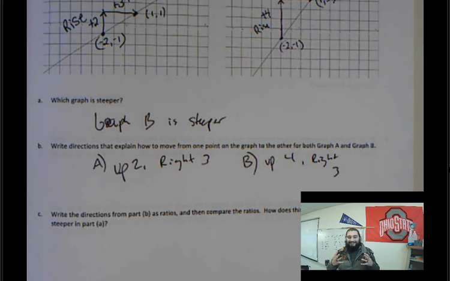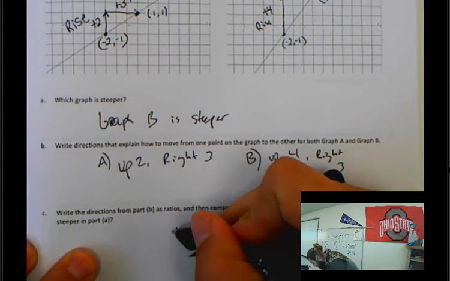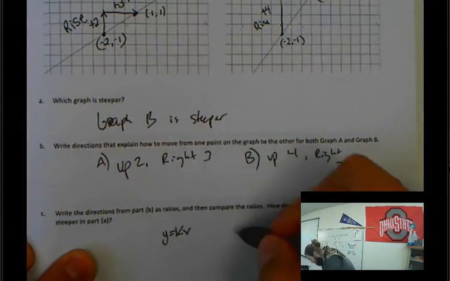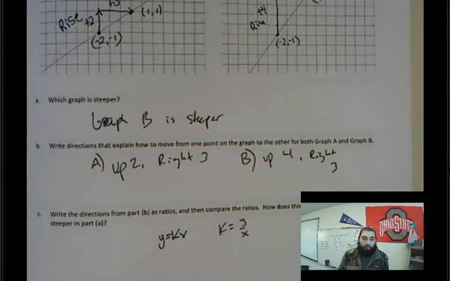When we put these two things together as a ratio, as they ask you to do, they want you to take the change in y and divide that over the change in x. Very much like y equals kx, where k is equal to y over x. And so we looked at that to find a proportional relationship.